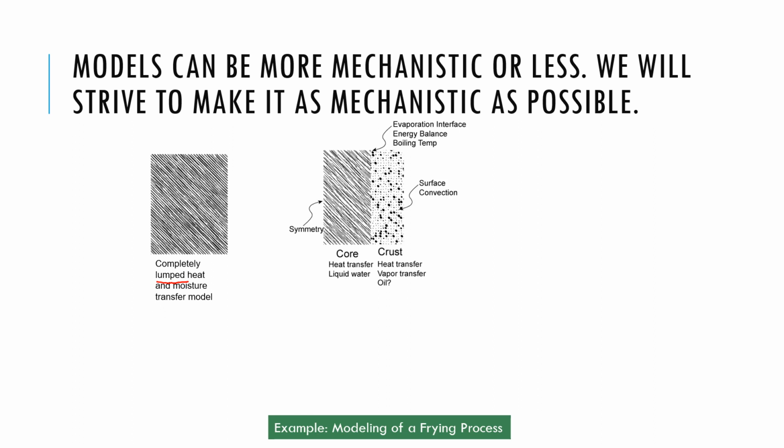Then it has also been modeled as a two-region, or what's called a sharp boundary model, with core and crust, and evaporation is happening only at the interface with separate equations for the core region and crust region.